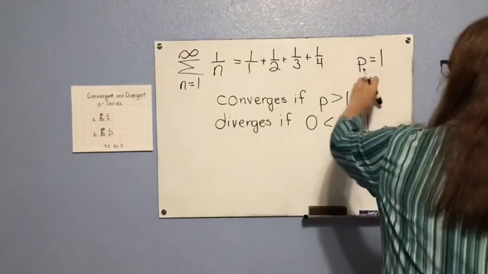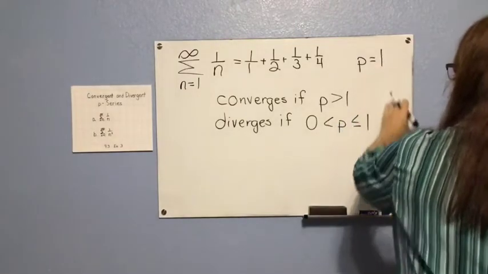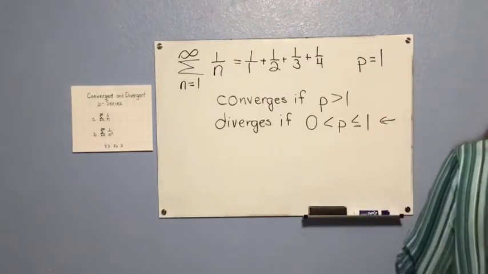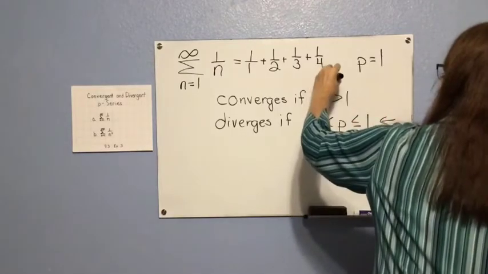Okay, so in this case we know that p equals 1, so that fits this condition, and this diverges.